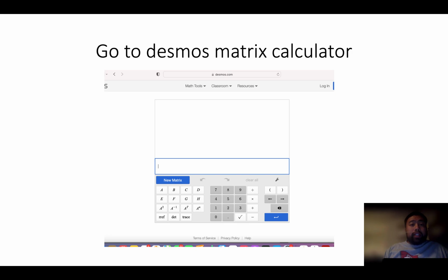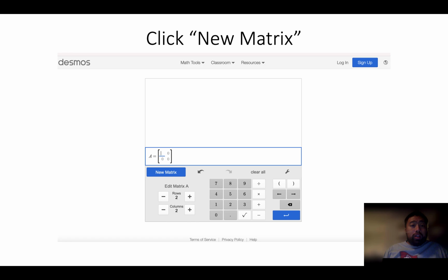This is what the Desmos matrix calculator looks like. Next, I want you guys to click New Matrix, which is right here. Okay. Click New Matrix.